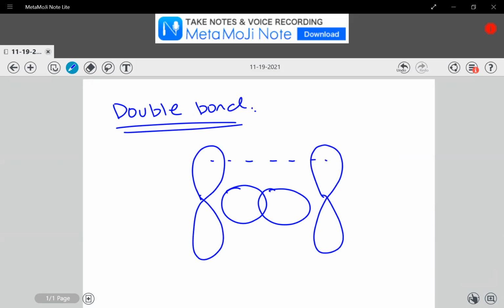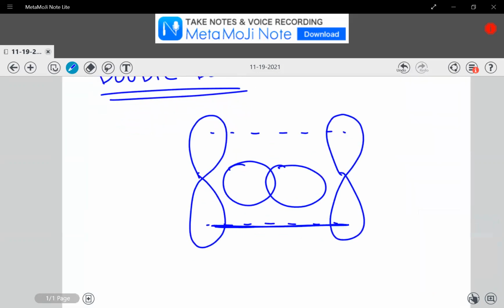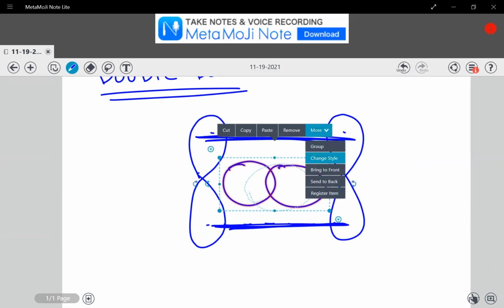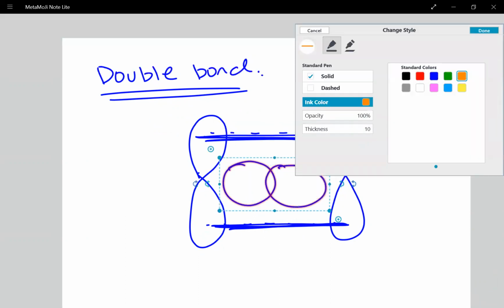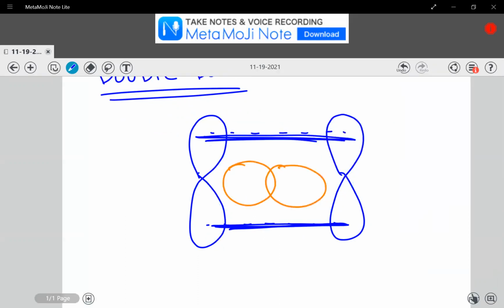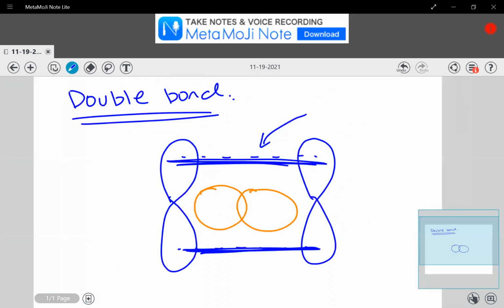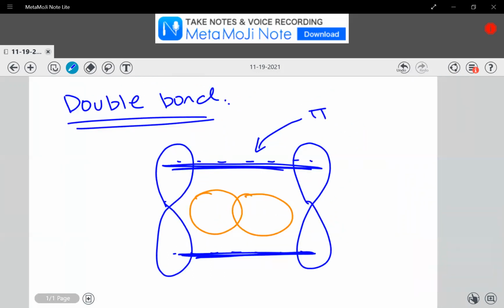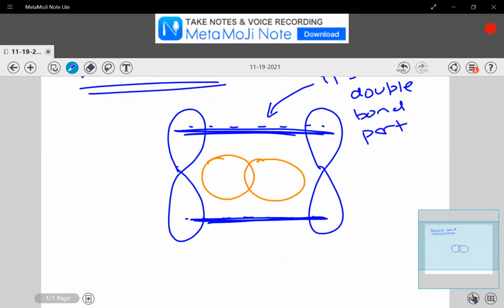And this is kind of what creates a double bond. It's an interaction between these p orbitals that creates your double bond. So let's change this color so it might be a bit easier to visualize. So the pi's create the double bond part. It's the interaction between them.